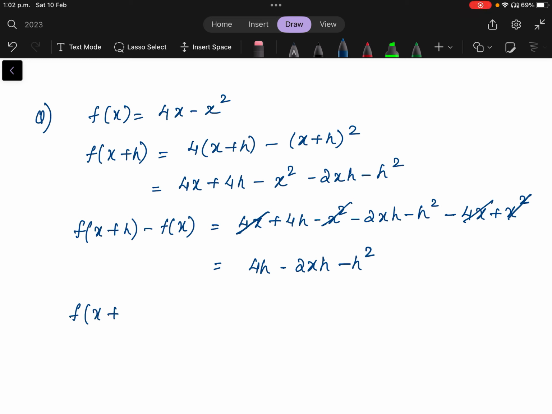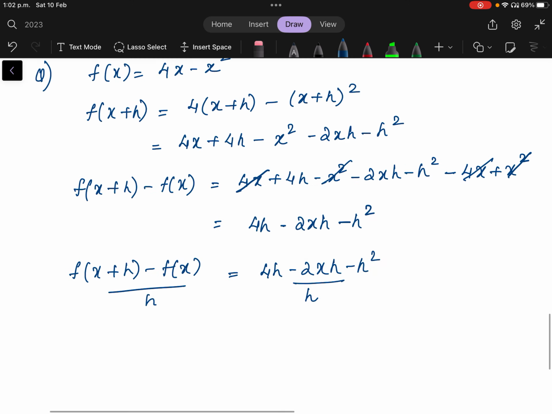Then you divide by h, that is equal to 4h minus 2xh minus h square divided by h, that is equal to 4 minus 2x minus h.